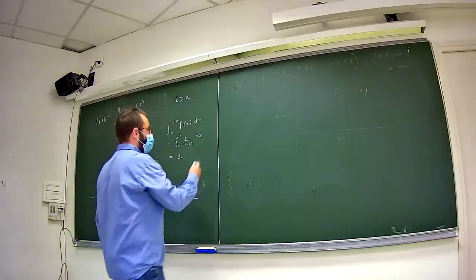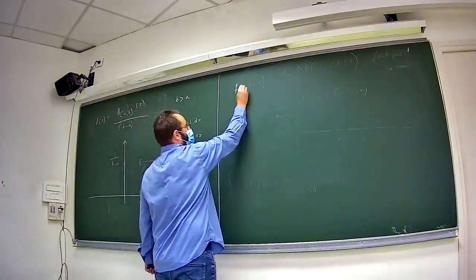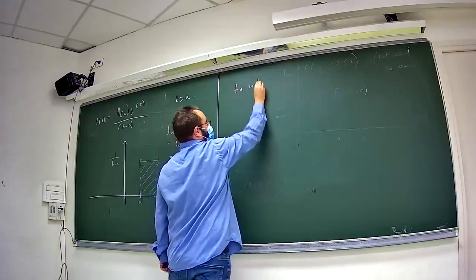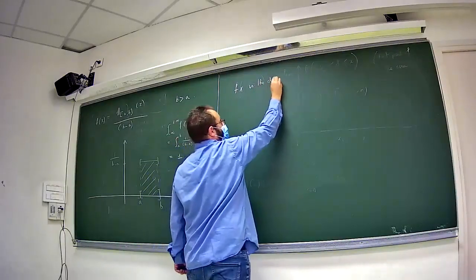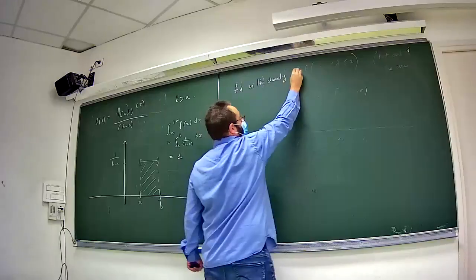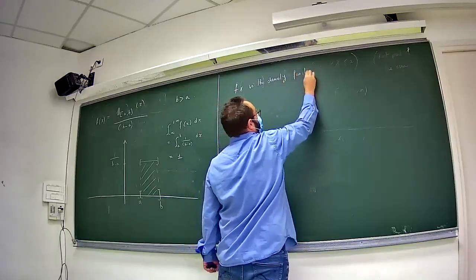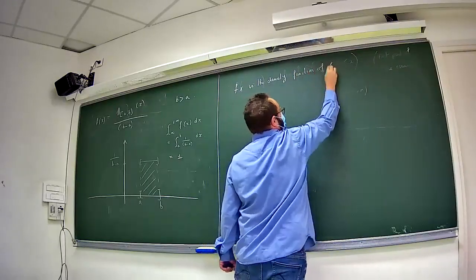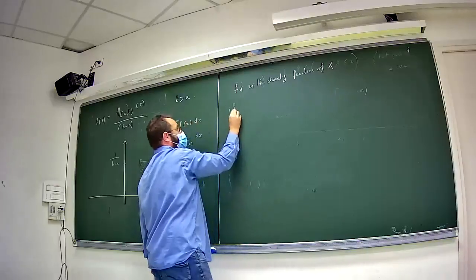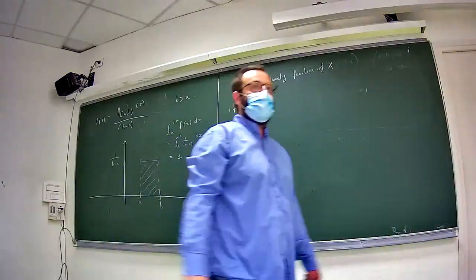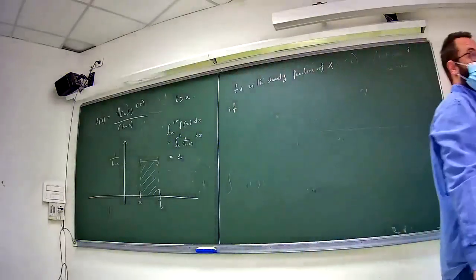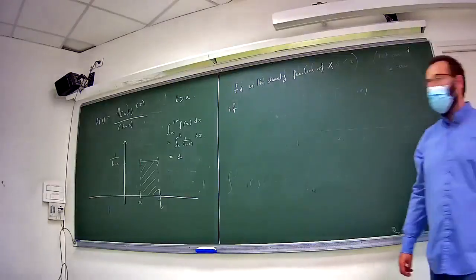So I'll write it this way, f of x is the density function of capital X if you have something to prove. It's not true in general. Typically in the discrete case it won't be possible to have a density function.